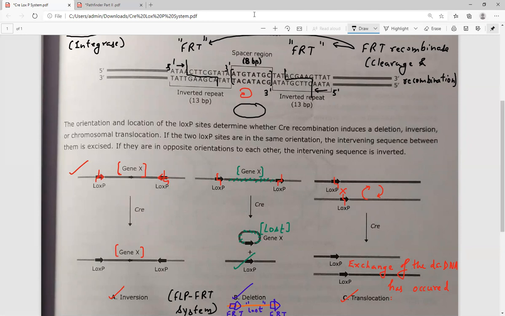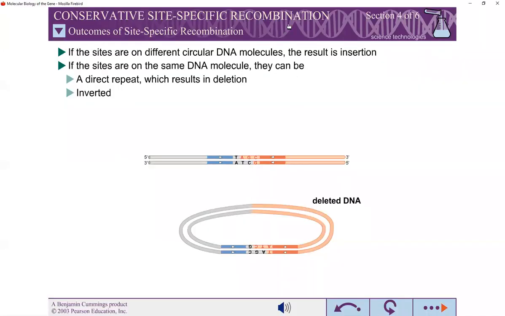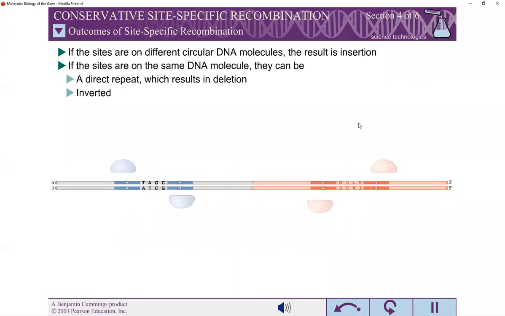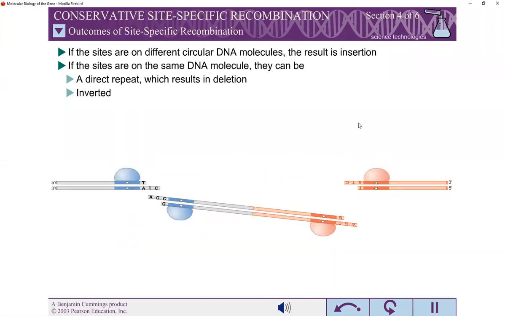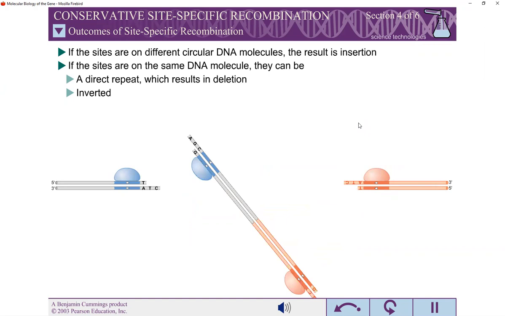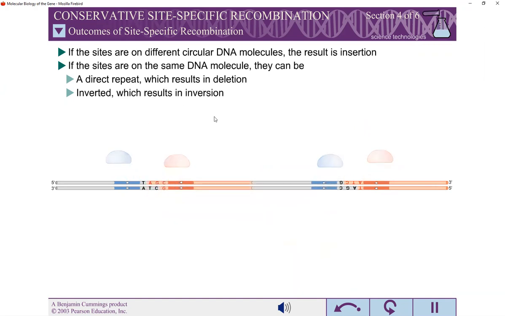Now, moving backward to the animated version of the lecture and completing that animation, then we will look at the questions. Okay, have some patience. The questions will be coming in front of you. In contrast, recombination between a pair of inverted recombination sites will invert the DNA segment.